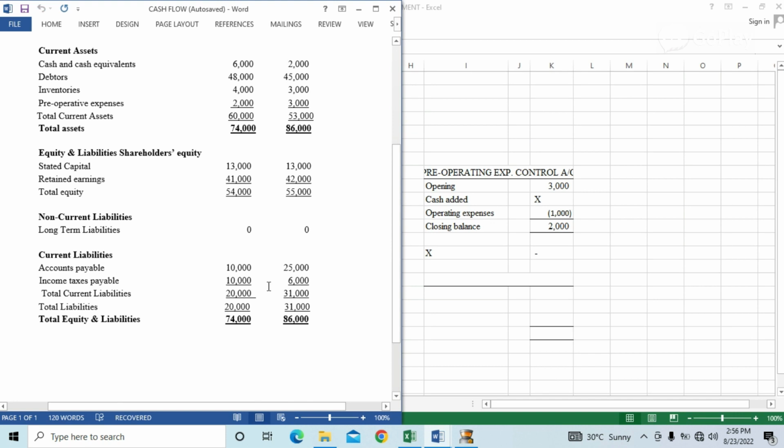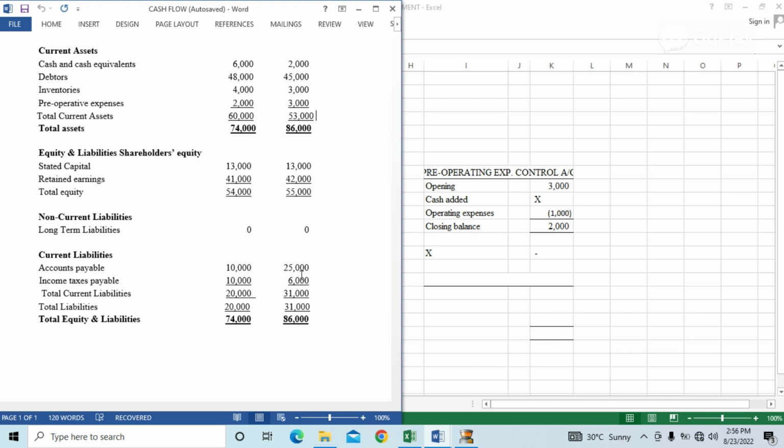So okay, we have current liabilities, we have income tax. Actually the income tax is not part of the operating activities, but it comes immediately after the operating activity. So let's just include the income tax once and for all. So the income tax, as you can see here, for 2019, the firm was owing income tax of 6,000, and then at the end, which is 2020, they were owing income tax of 10,000.